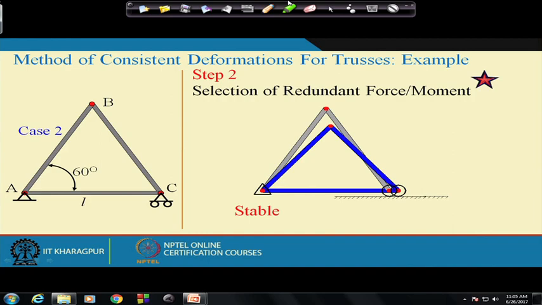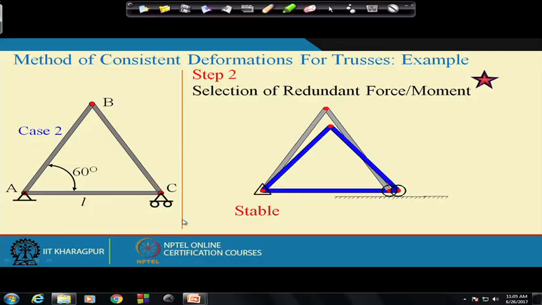Step 2 was identifying the redundant forces, and then getting the configuration of the primary structure. This is our primary structure. The next step, step 3, is to solve the primary structure subjected to the actual load, and then step 4 is to solve the primary structure subjected to the redundant force. Let us do that.